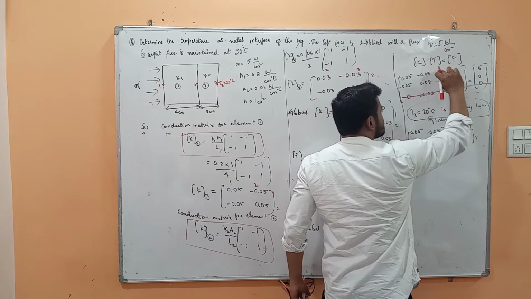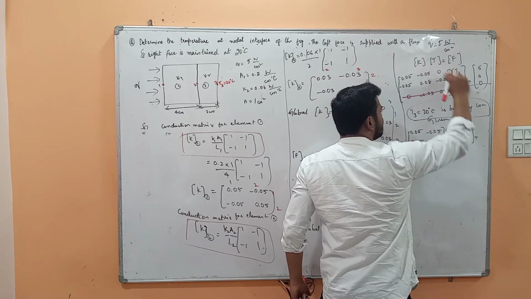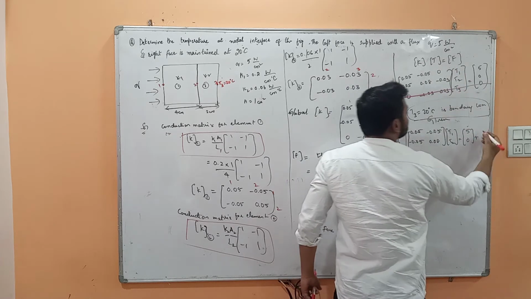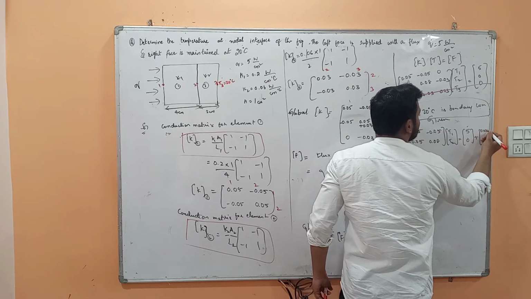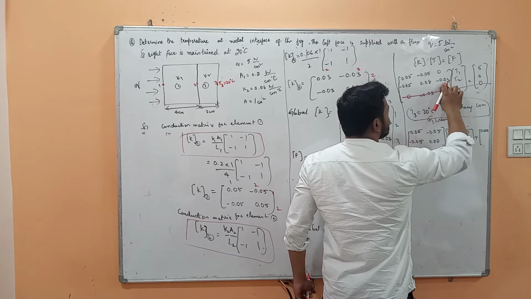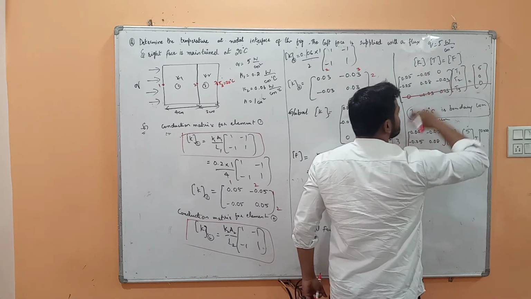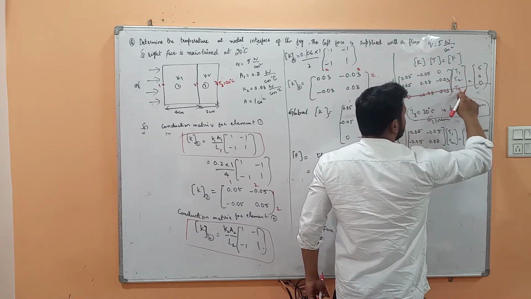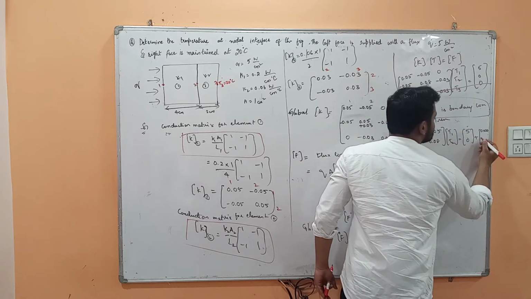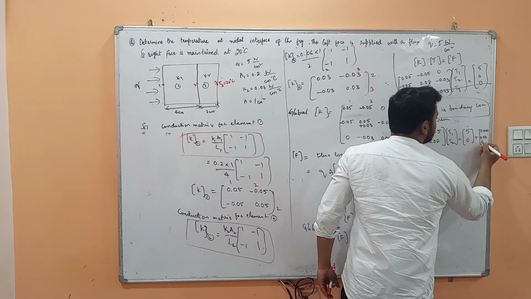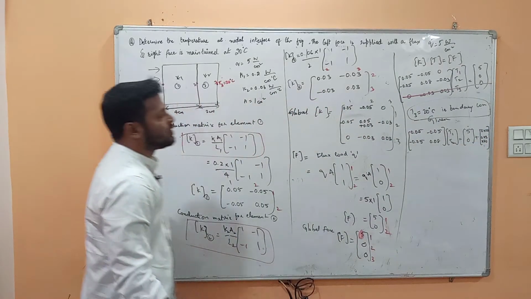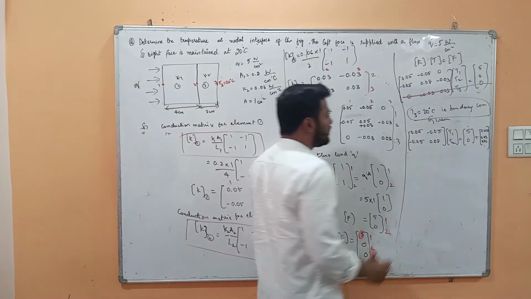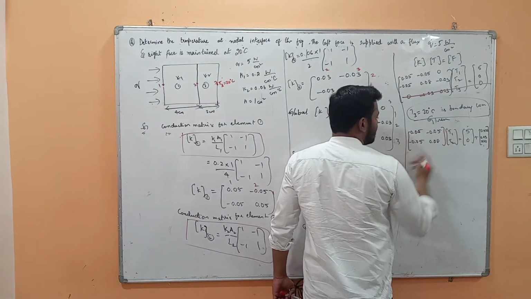So 0 gets multiplied with the last value T3, and it's going to get added here. So 0 into T3, which is 20, and minus 0.03, if you send it to the right side, it becomes plus. So plus 0.03 into T3, which is 20. This is how we are going to solve these kinds of problems. So from this we have two equations now. The first row gets multiplied with the first column.